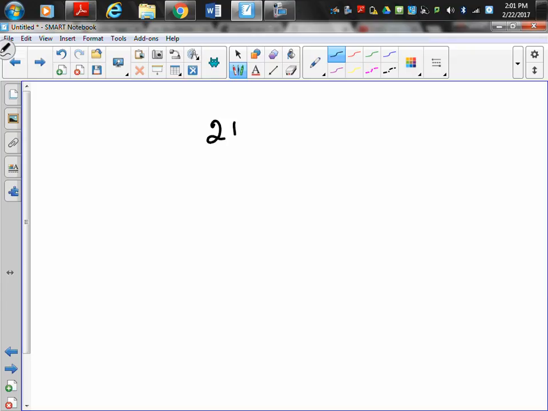So if I add 10 to it, what do I have to do to make it say 21? Minus 10. So if I add 21 and then subtract 21, I'm exactly where I started.